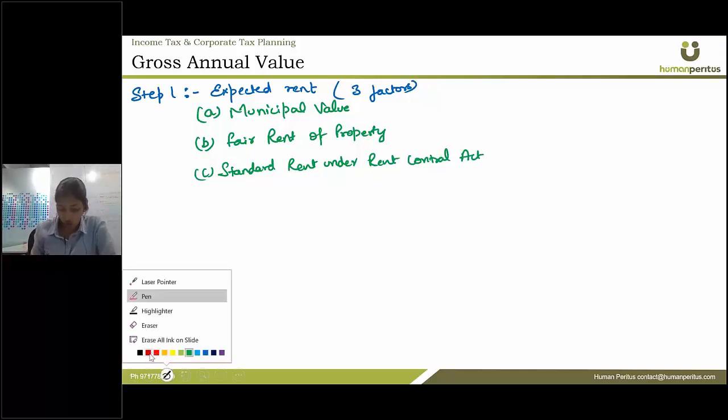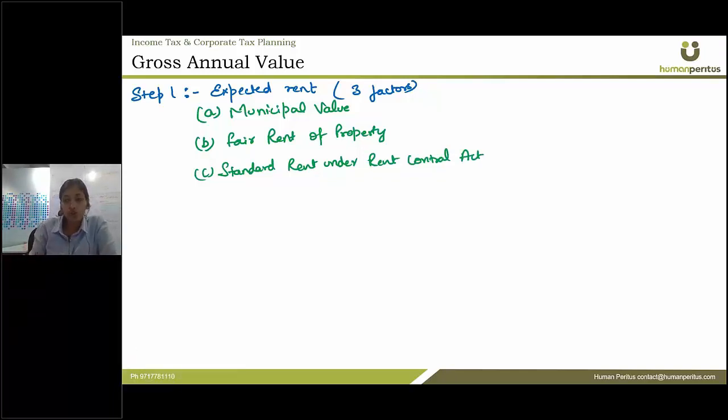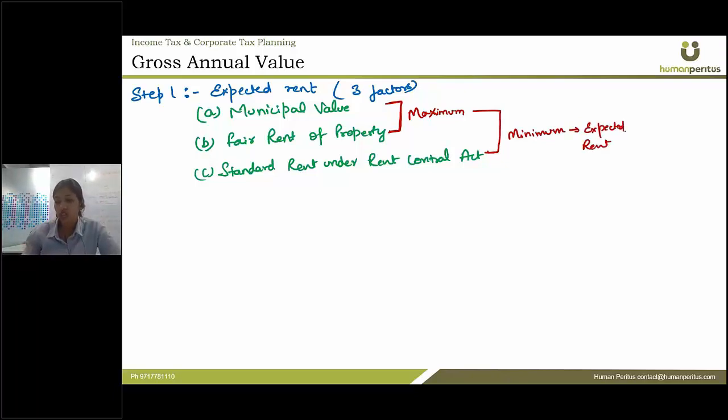Now in step 1, to calculate expected rent, we have 3 values. From the first 2 values, municipal value and fair rent, we take the maximum. Then we compare this maximum value with the standard rent, and whatever is the minimum will be our expected rent. So these are two sub-steps that we have to consider in calculating step 1, expected rent.